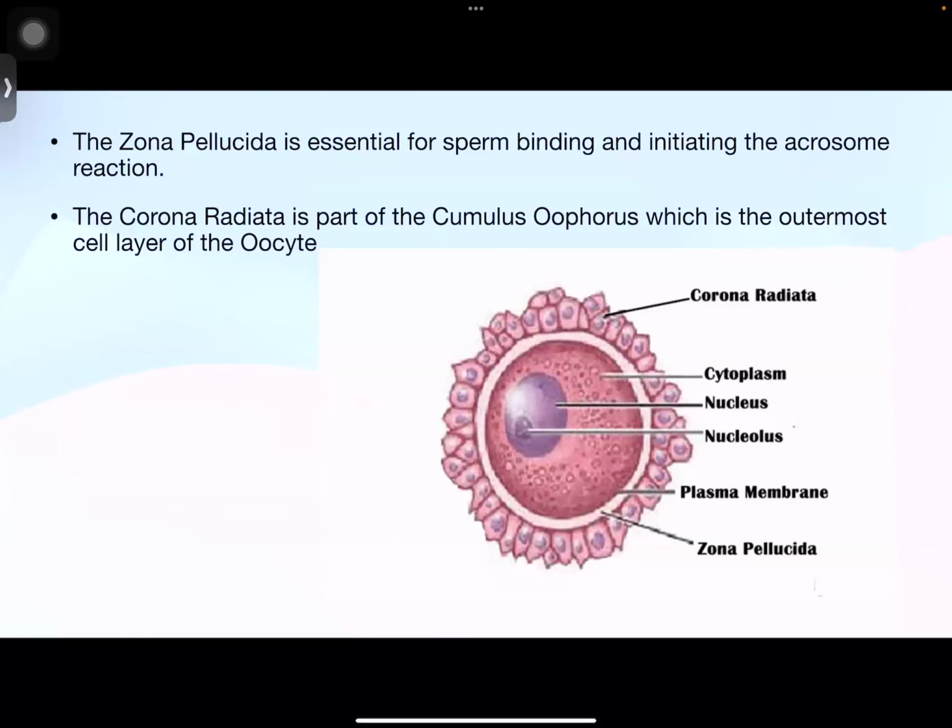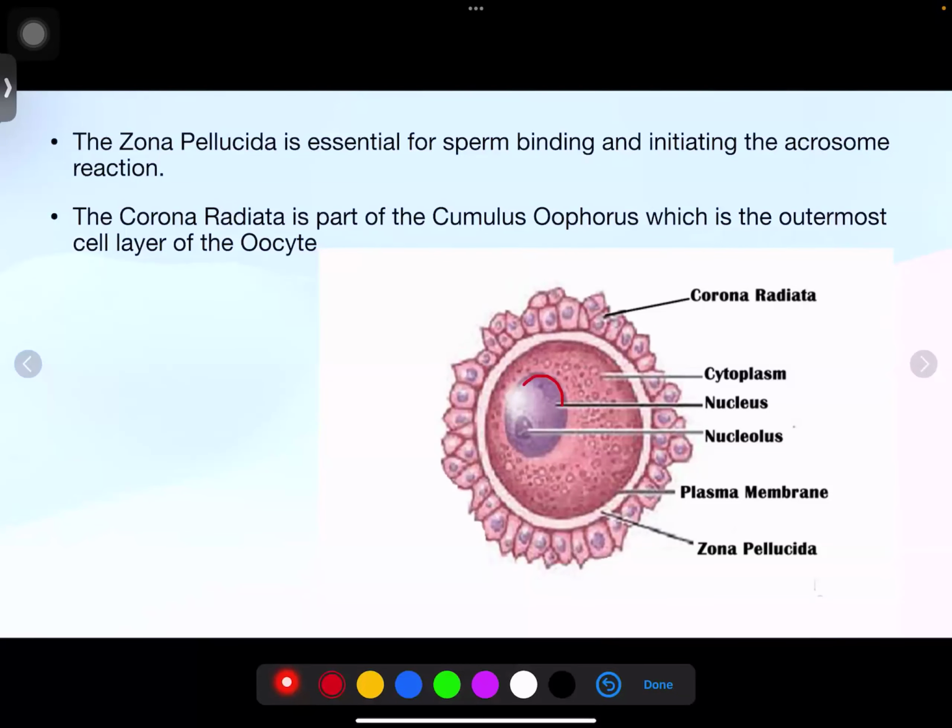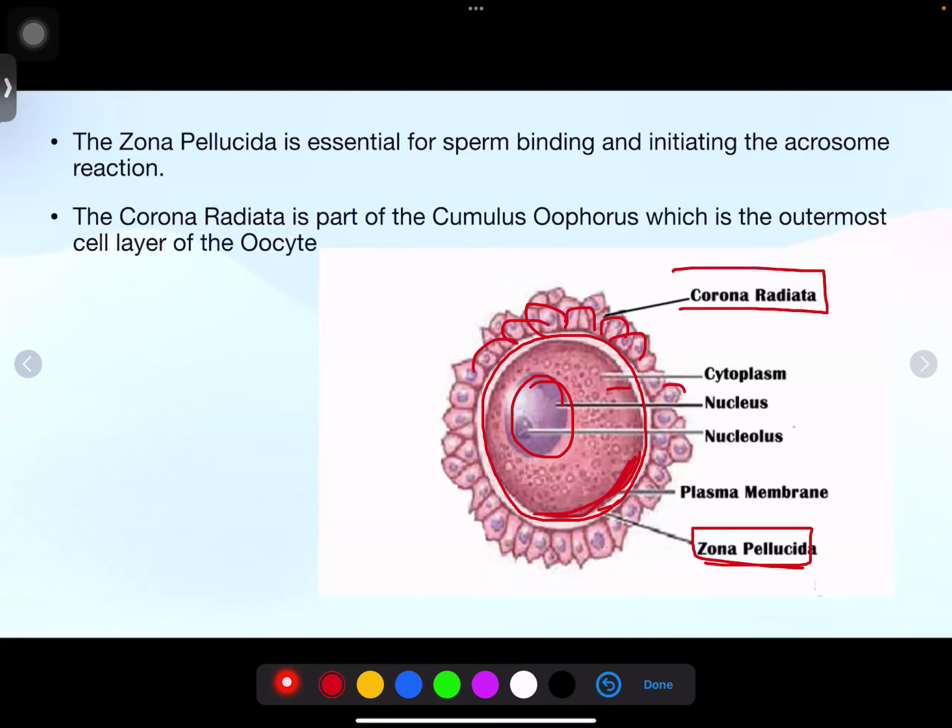If you see this oocyte structure, the whole thing is the nucleus, then this is the cytoplasm and the cell plasma membrane. Just outer to this plasma membrane is the glycoprotein layer, the zona pellucida. This is an important layer of the oocyte, and after that there is the cellular layer forming the corona radiata.